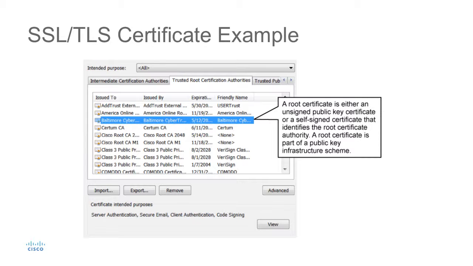And if we take a look at our trusted root certificate authorities, we can see here we have a root certificate. That is either going to be an unsigned public key certificate, or it could be a self-signed certificate that simply identifies the root CA server that we're using in the PKI. And of course, this is part of the PKI scheme.